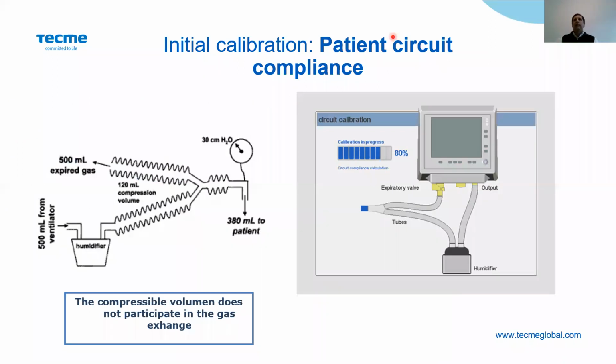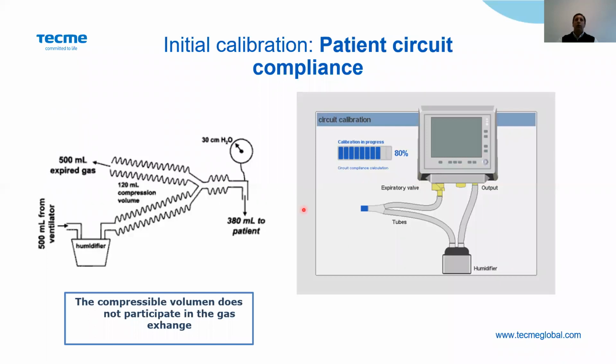Then the machine is going to measure the patient circuit compliance and the resistance. This measurement is in order to evaluate the compressible volume that remains inside of the patient circuit. This is also an important compensation that the machine is going to run in order to guarantee that the volume that we have set on the machine is the volume that goes inside the patient.